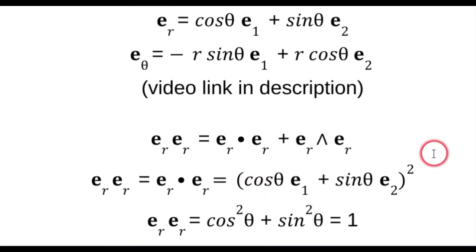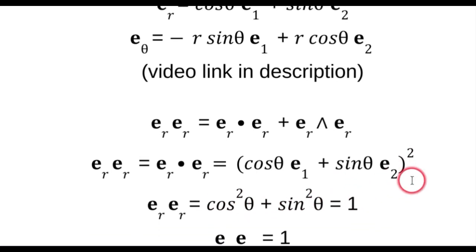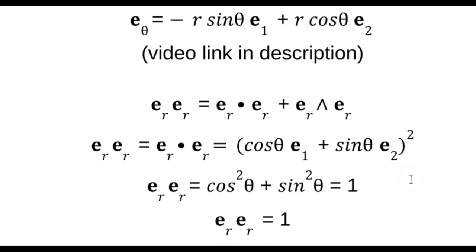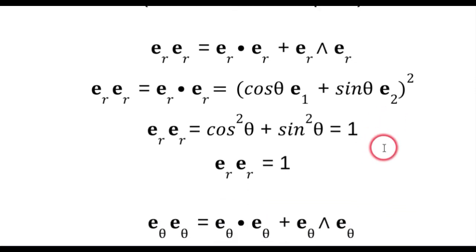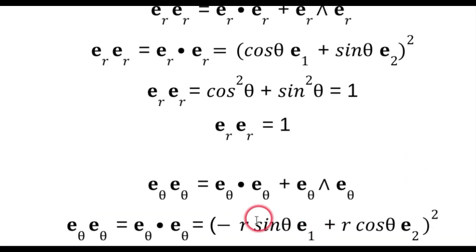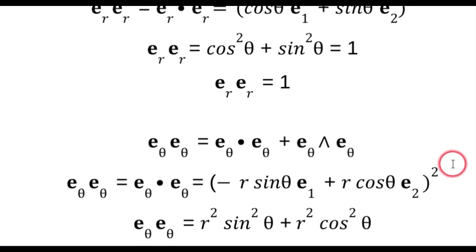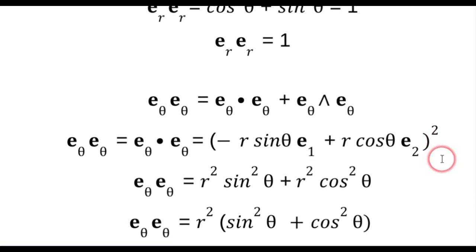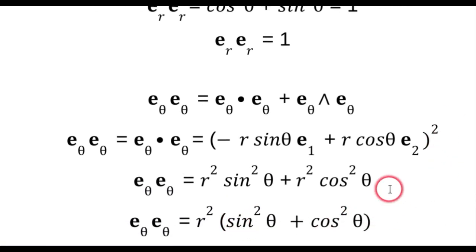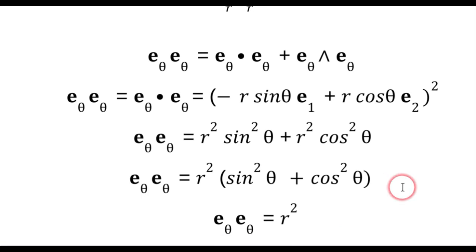So we square that, we get the well-known trig identity, which is equal to 1. So ER ER is equal to 1. All right, let's do E theta. The same thing, that goes to 0. We square it. We factor out an R squared. This is the trig identity 1. And we're left with R squared. So that's kind of cool.